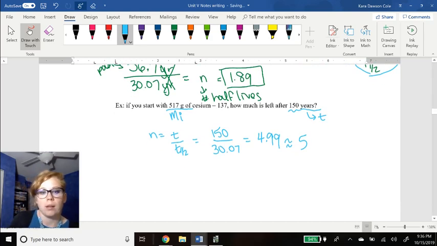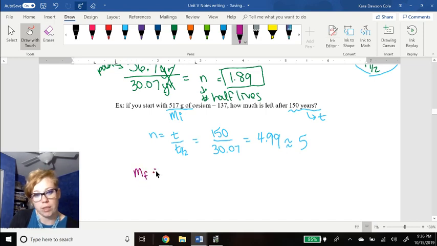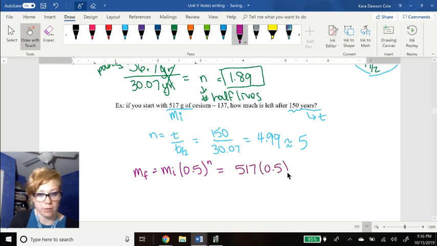So the first way, and this is the way that I would prefer, but again, if it helps you to do it the other way, you can, is just plugging it into the equation. So my mass final is equal to my mass initial times 0.5 raised to the n. So this is equal to 517 times 0.5 raised to the 4.99.